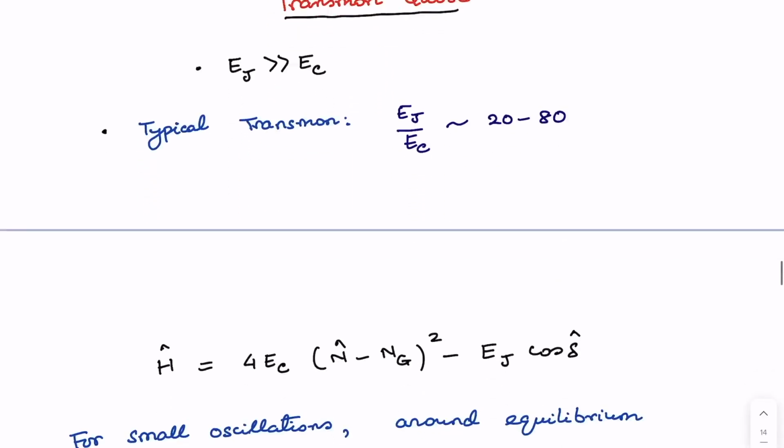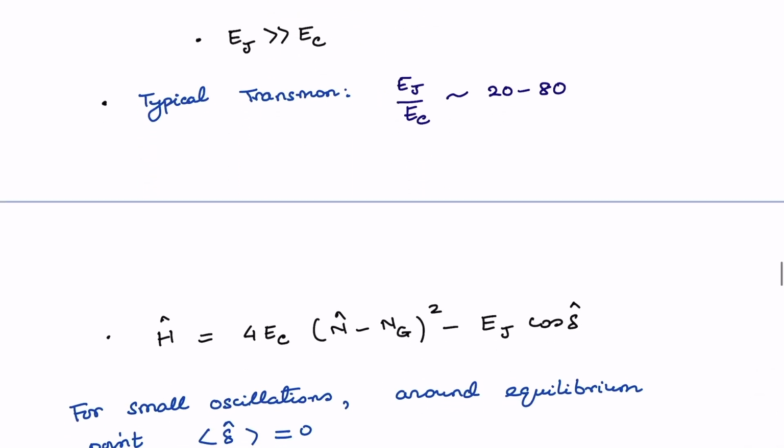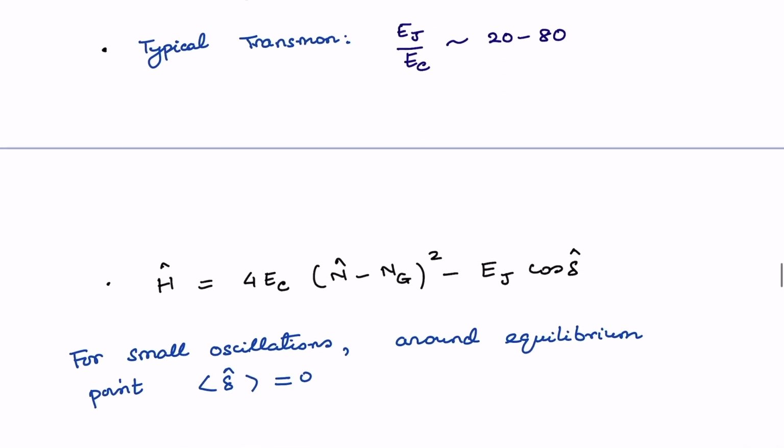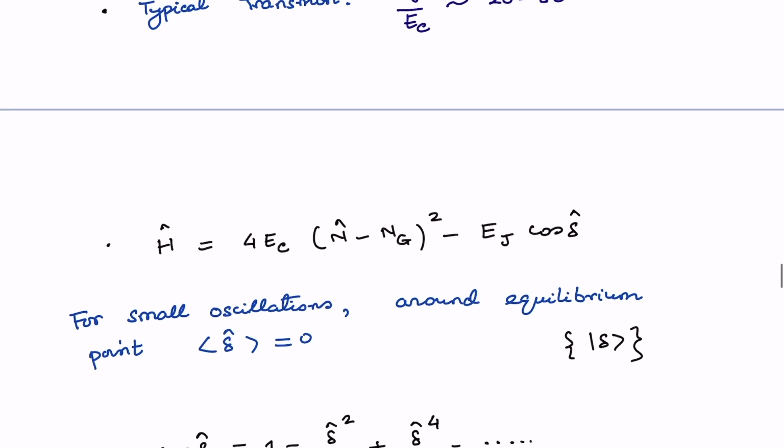Now consider this Hamiltonian. We are going to analyze it in the phase basis, that is the delta basis. For small oscillation around the equilibrium point, the expectation value of the phase operator is 0, and we can expand the Josephson energy and truncate it to fourth order, expanding it around this equilibrium point.